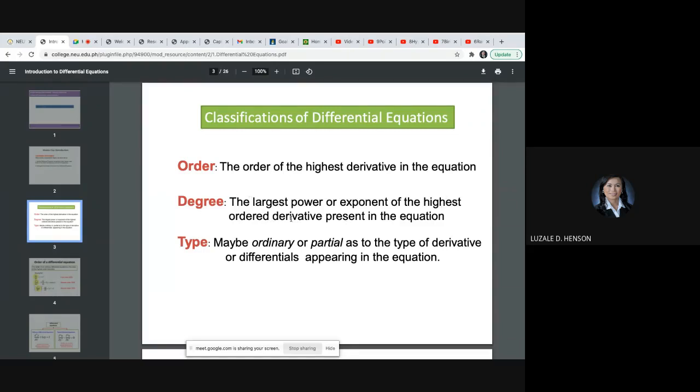So you look at the highest order derivative and you base your degree there. And then the type could be ordinary or partial. This is easy to distinguish because when you say ordinary, it has a symbol of letter D, but when it's partial, it has a symbol of inverted E.